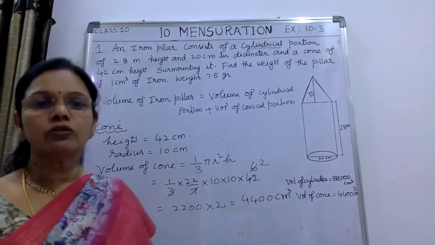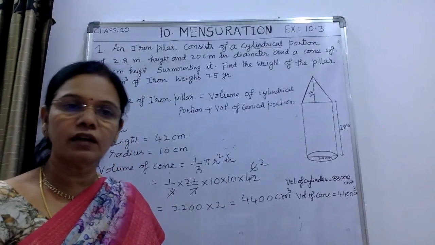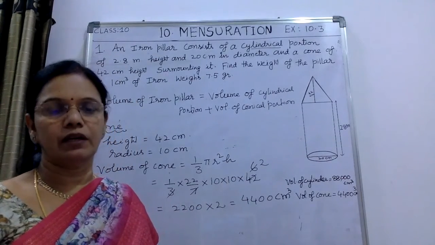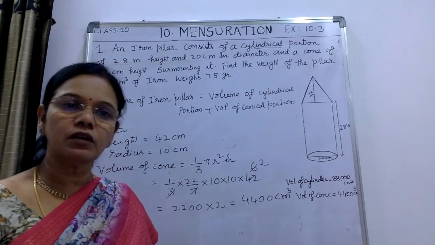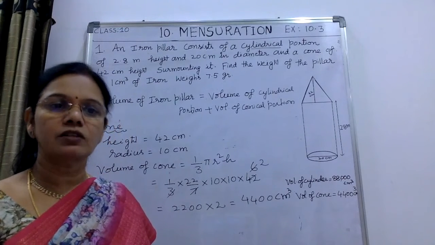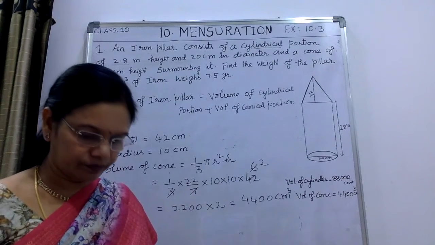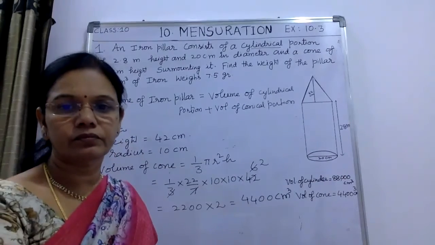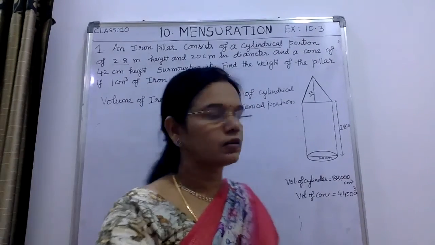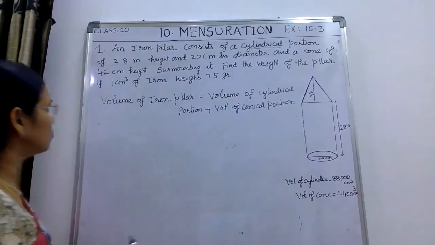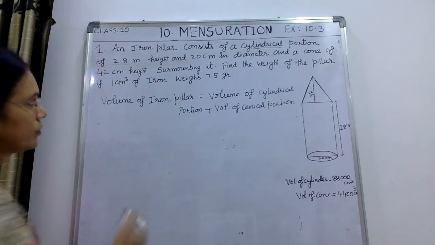Now what do we have to do? We have to find the volume of the complete iron pillar. So we have to sum up the volume of the cylinder and also the volume of the cone. Now let us find the total volume of the iron pillar.